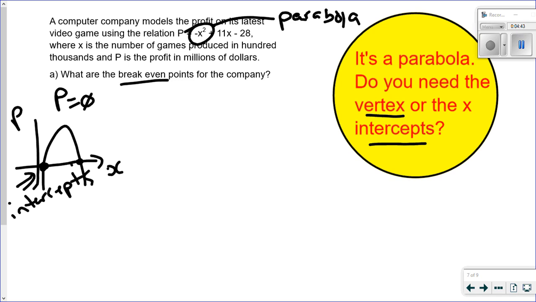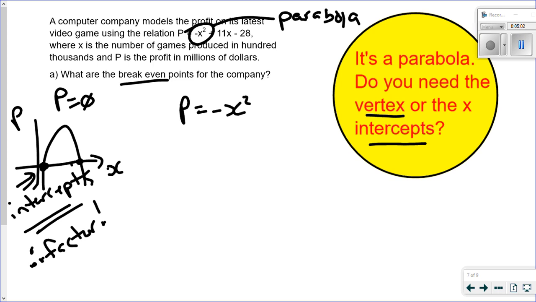So it must be the intercepts that we need, which means we got to factor this puppy. We don't like negative signs. We could do it with the negative sign there, but we don't want to.